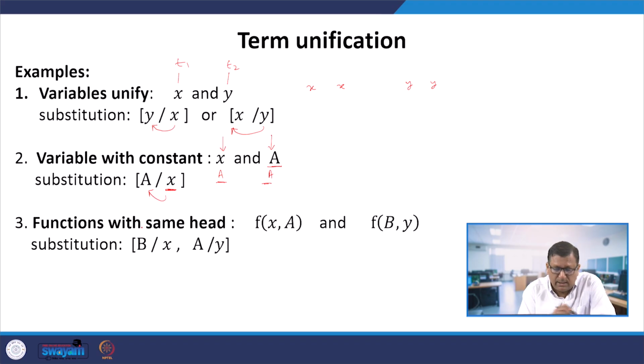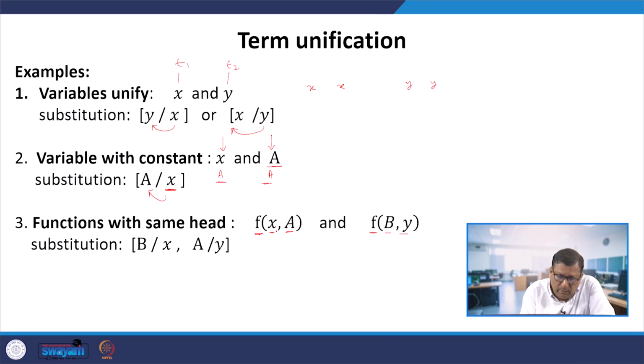Now, functions with the same head. This is the head, they are the same, so we go on to see how to make them identical. Again, there are two arguments in this function. If that is the case, we will proceed. If not, say suppose there are 3 in the first one and 2 in the second one, then they cannot be unified.